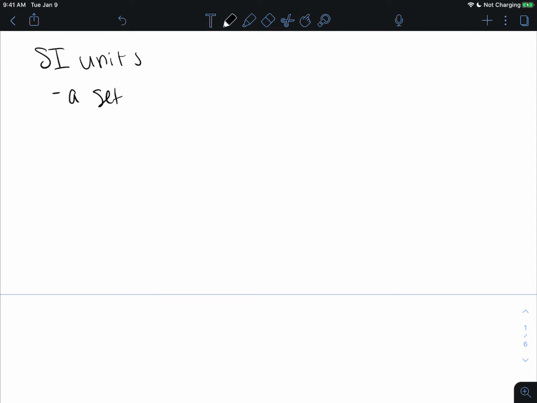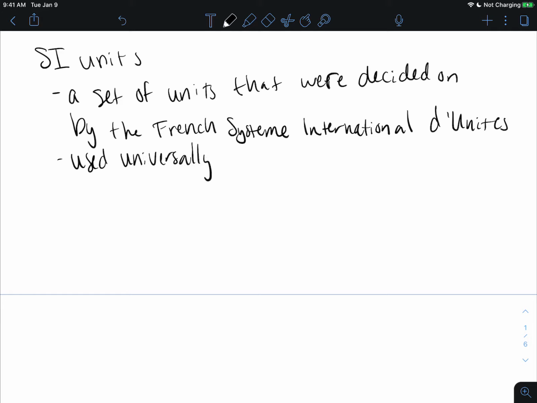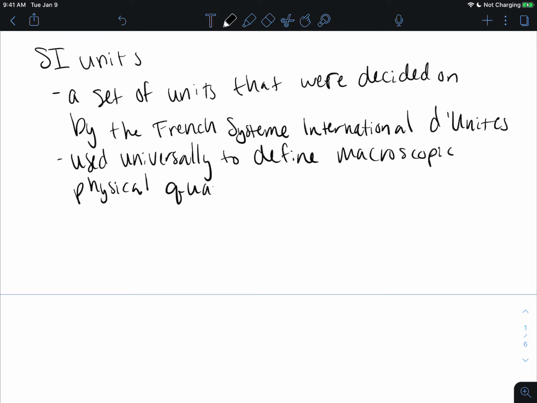So it's universal metric units for defining physical quantities, specifically macroscopic physical quantities.